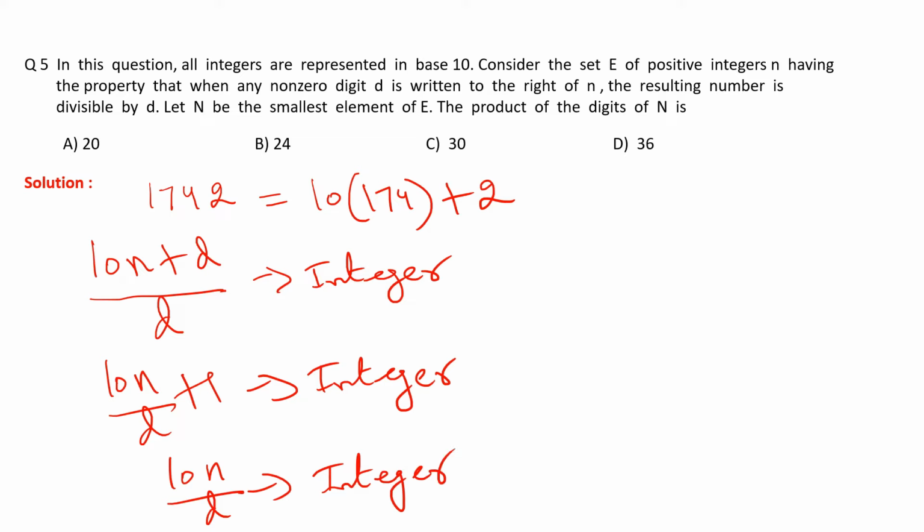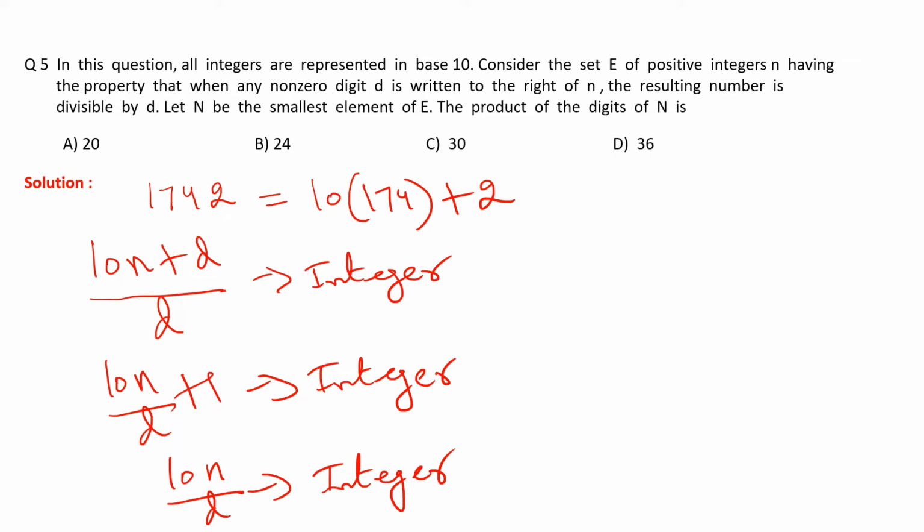And we have to find the smallest value of n for this to be possible. Fine. And we have to check for all possible values of d, because digit d can be 1, 2, 3, 4, 5, 6, 7, 8, 9. It can be any value from these 9 numbers, right?